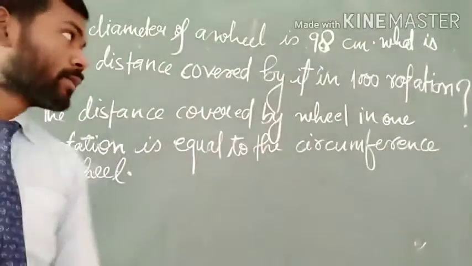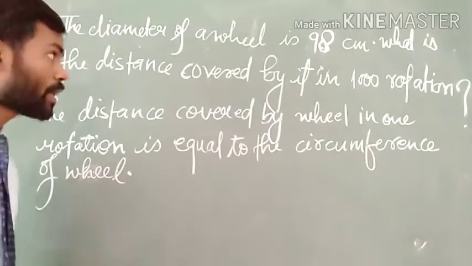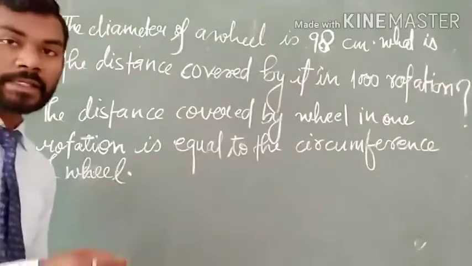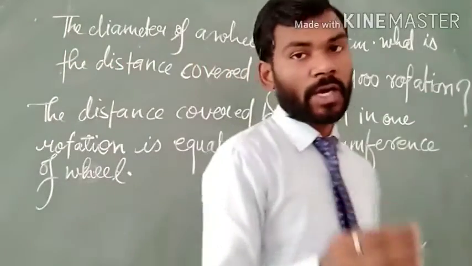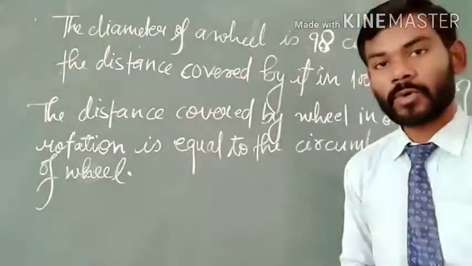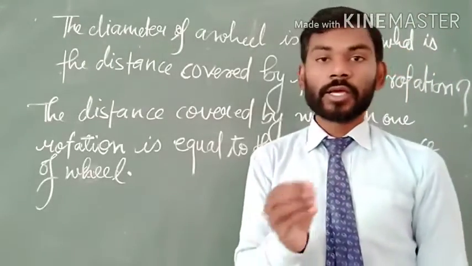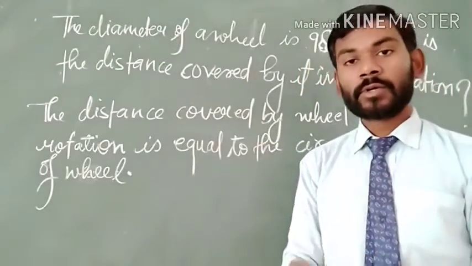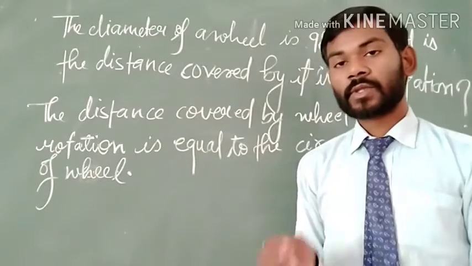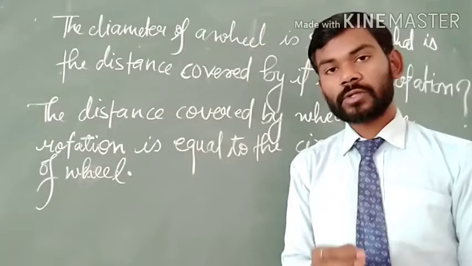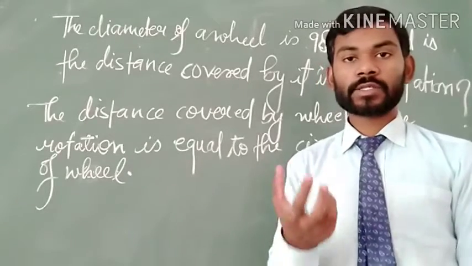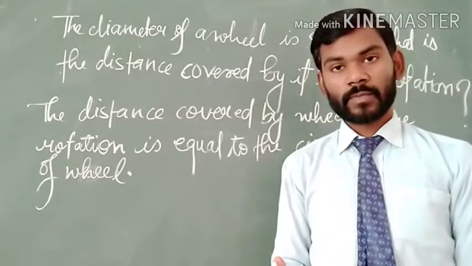Here the diameter of the wheel is given, that is 98 centimeter, and we have to find the distance covered by the wheel in 1000 rotations. First of all we need to find the circumference of the wheel.